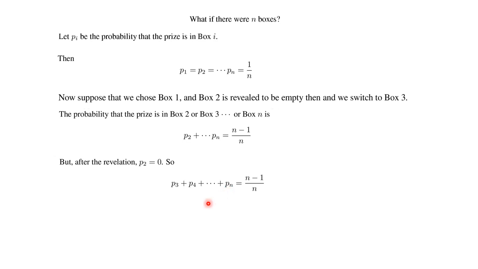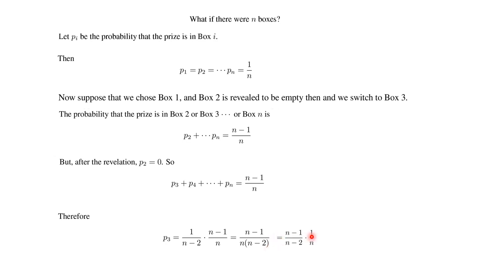So the probability that it's in box 3, or any of these, is that divided by the number that we have here, which is n minus 2. So the probability, for example, that it's in box 3 is this divided by n minus 2, which is (n-1)/(n(n-2)).